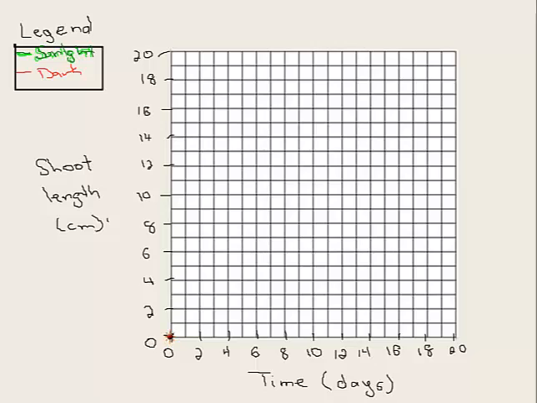So at 0 days, I have 1.2 centimeters of growth. So my first point in my sunlight group is going to be right about there. It's probably a bit high. That's better.